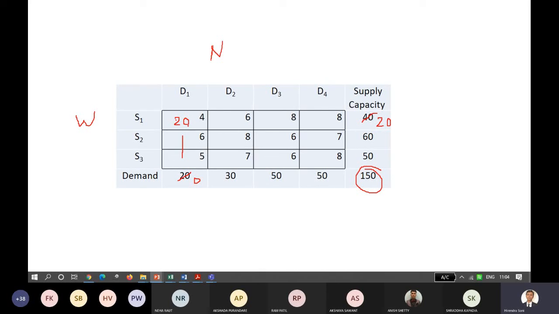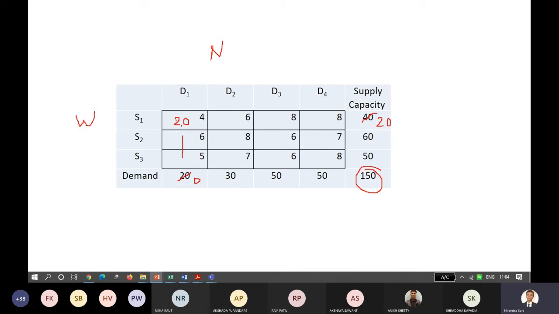So what is the maximum possible allocation for the northwest corner cell? This is my northwest cornered cell. The supply capacity is 40 units, whereas demand is for 20 units. So S1 can give 20 units to D1.